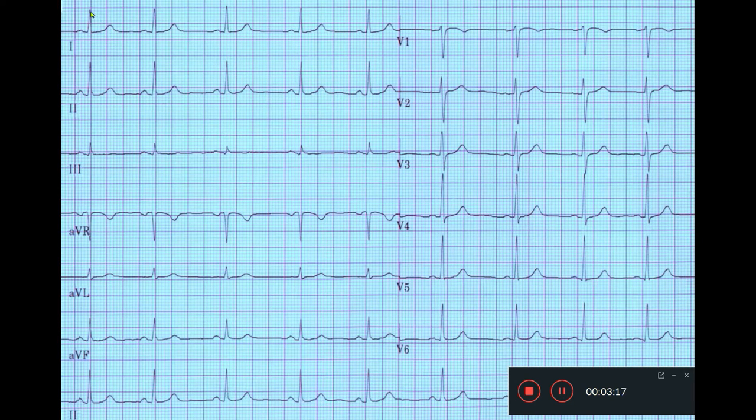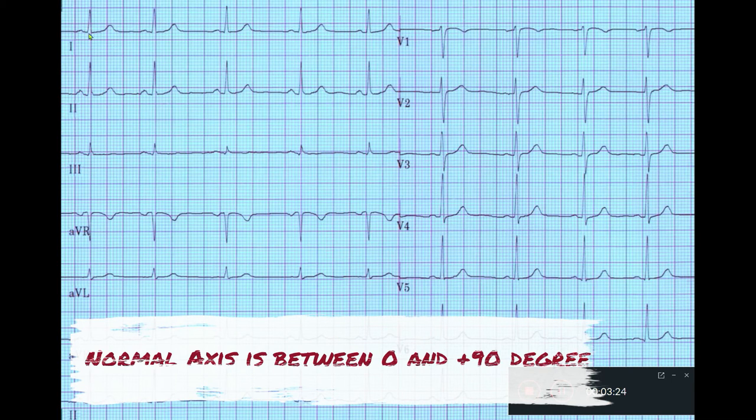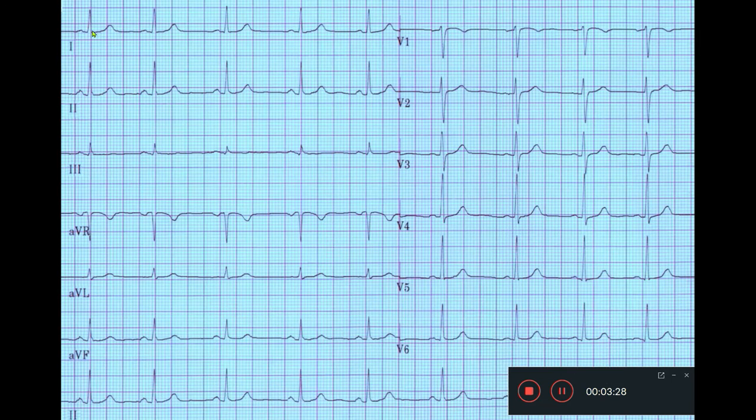And then is the axis. For axis we had discussed 5 methods. The first method is to look at whether lead 1 is positive or negative. For that you subtract R from S or S from R. Out here there is no S wave in lead 1, so lead 1 is positive.